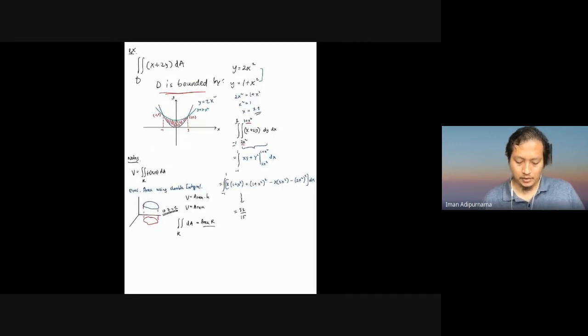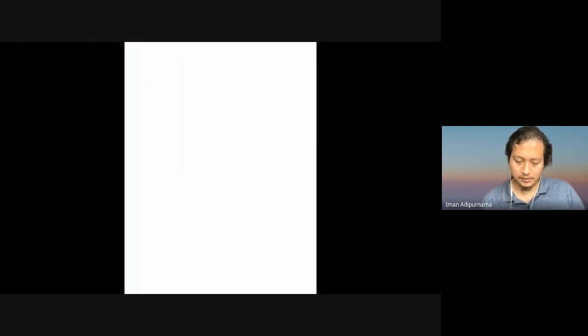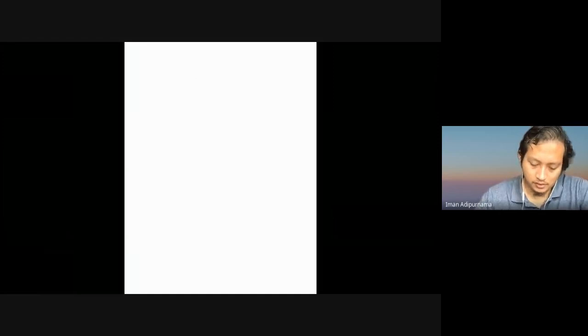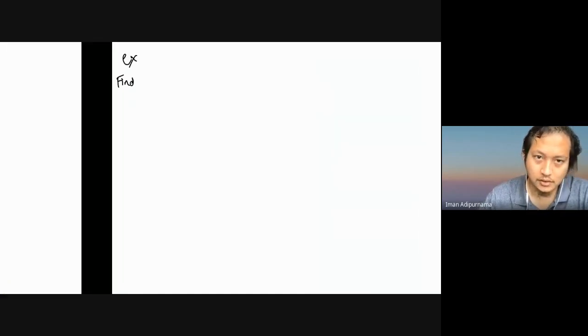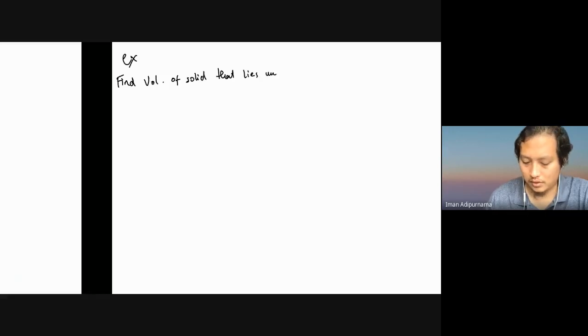Okay. Maybe one more example for the double integral. Find the volume of the solid that lies under the surface.